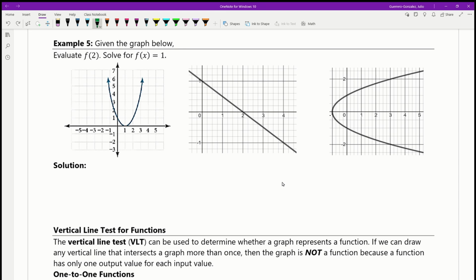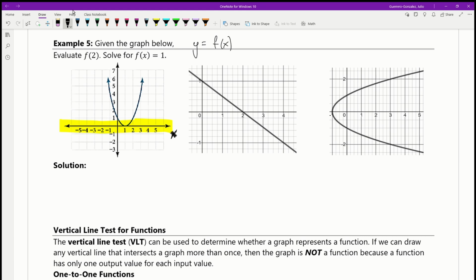Usually, when we have y equal to f of x, on the horizontal axis, the side to side one, that is where we put the x values.